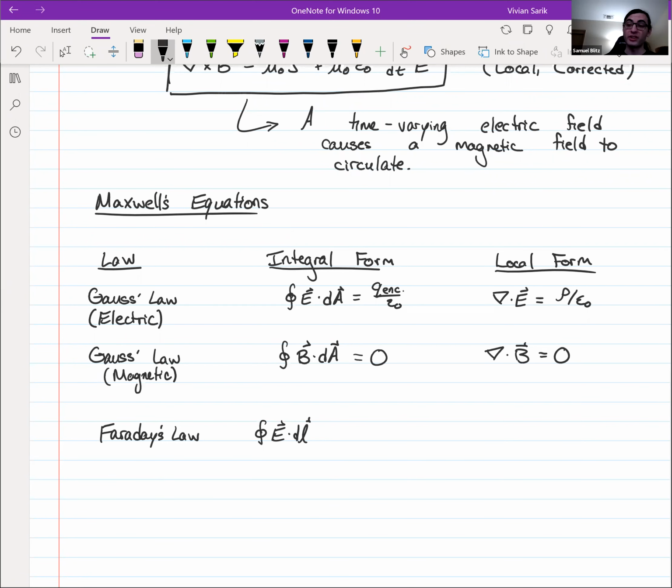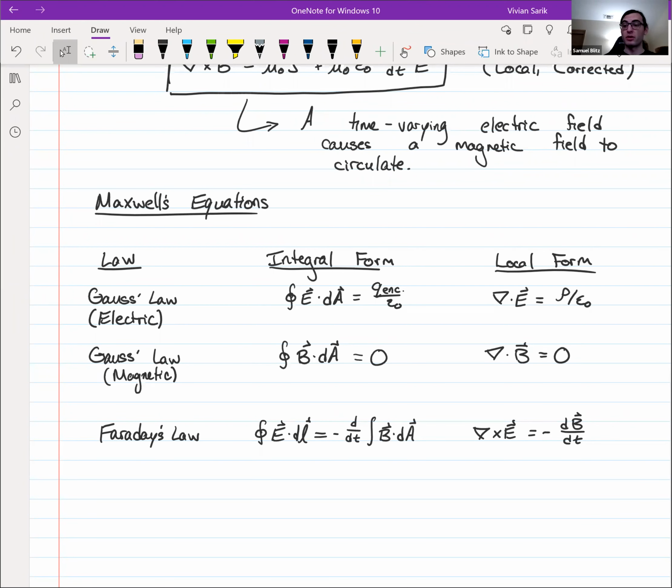It's the negative time derivative of the flux, or put another way, it's negative d/dt of the integral of B dot dA. And so in local form, that's the curl of E. Remember, curl tells us about circulation, and divergence tells us about flux. This is equal to the time derivative of the magnetic field with a minus sign.